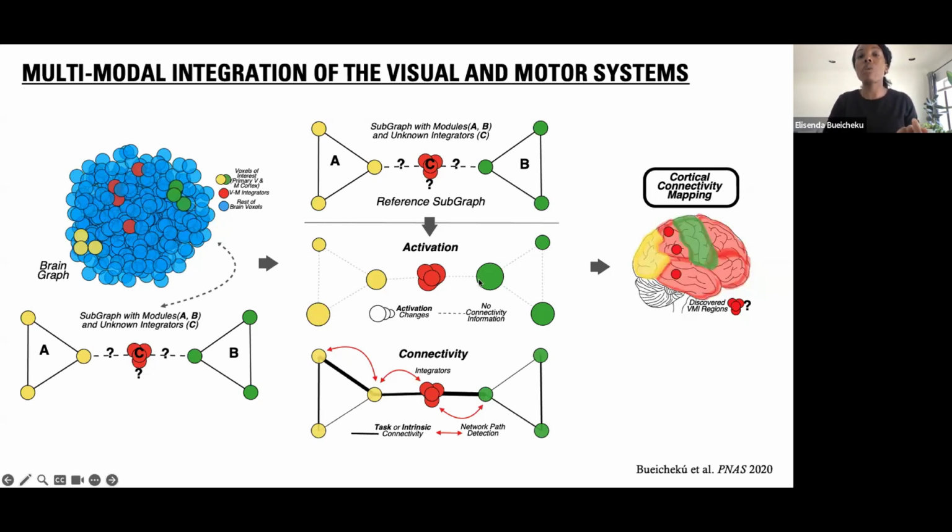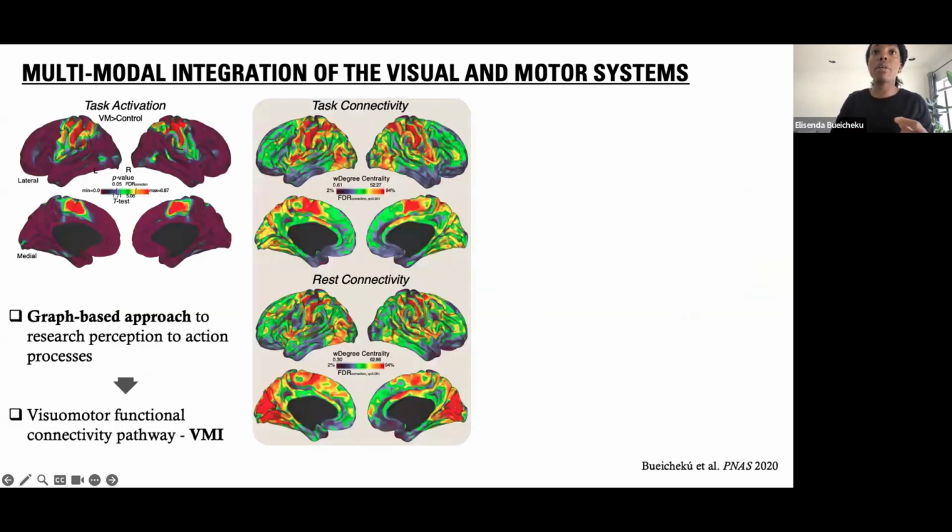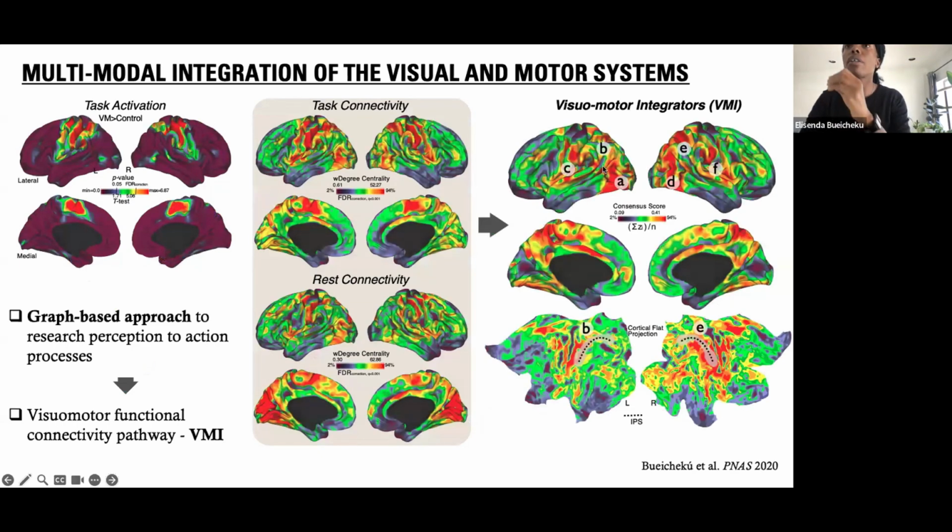And in that way, we will be able to locate the regions that are actually acting as integrators of the visual and the motor. So we did that at the voxel level, and we found different regions in the brain. And of course, we found regions located close to the visual area, more in the fusiform and the lower lateral temporal cortex.